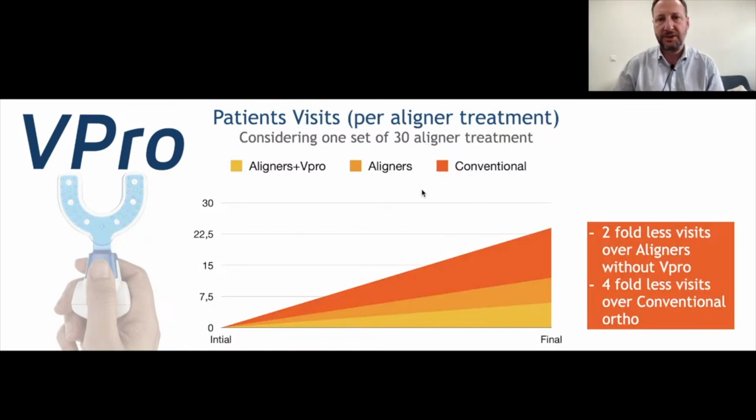Also for the patients, it normally took me 24 months to finish a conventional orthodontic treatment with braces. This dark orange here was 24 months. What I realized with aligners, as soon as I understood the biomechanics and how to plan better, is that it happens with time, not from day one.